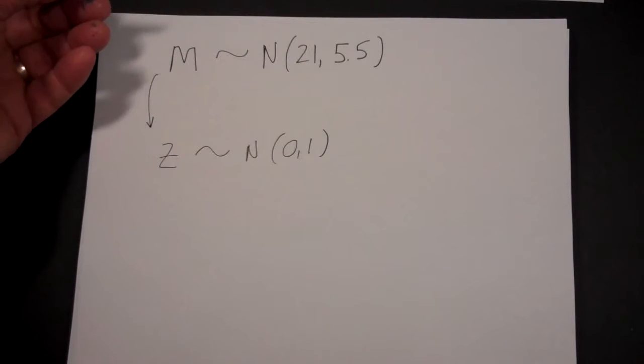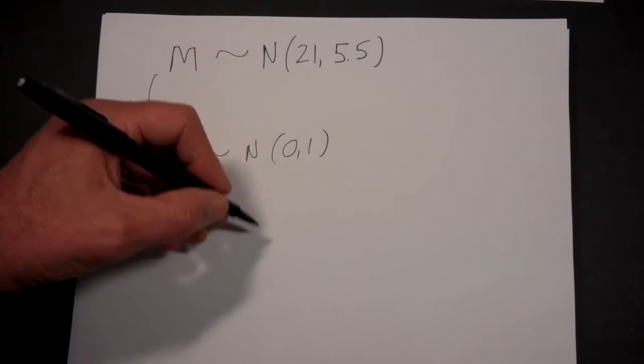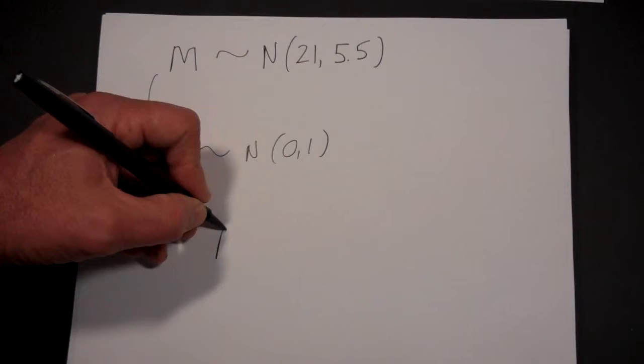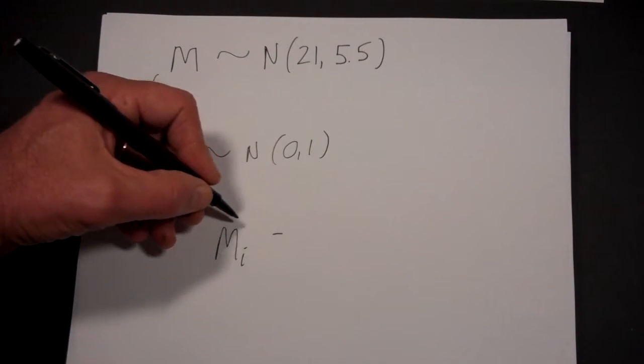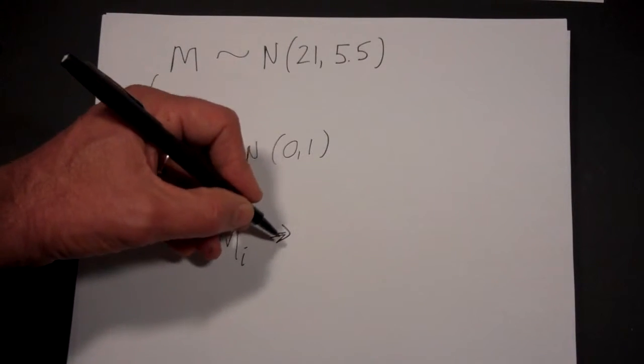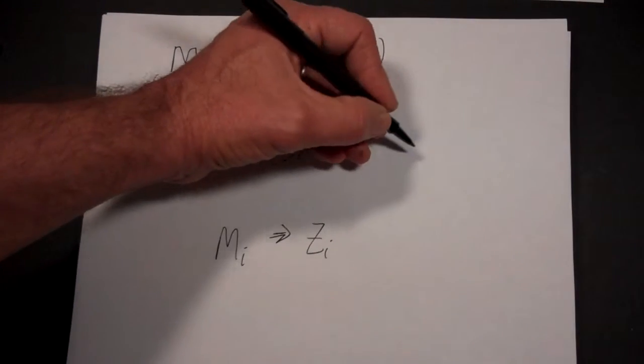The way you do that is you use this formula. The formula is often written in x, but same idea. So any given value of mi can be transformed into a zi using this formula right here.